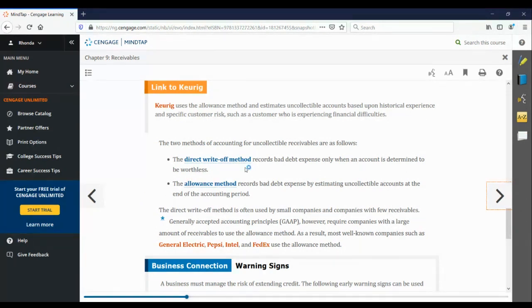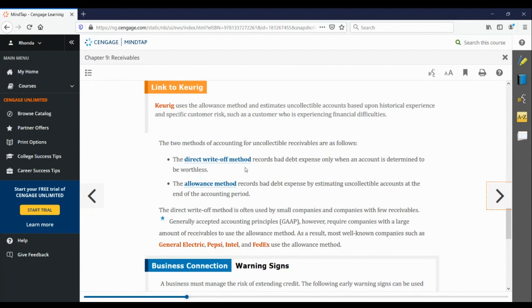We'll probably start with the direct write-off method first because it's the simplest of the methods to use. What the direct write-off method will do for us when we have determined that a customer is not going to be able to pay us the amount that they owe us, we'll go ahead and directly record the amount in what we call a bad debt expense.